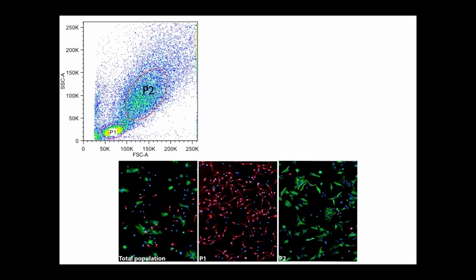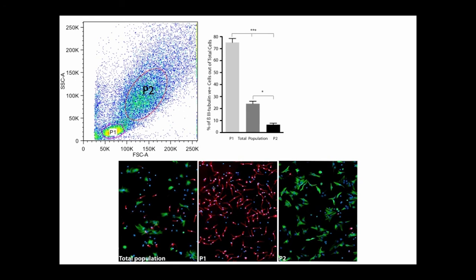If we use the sorter and sort out the different populations, the total population gives us a mixture of neurons and astrocytes. If we sort out just the P1 population, we get what appears to be an enriched beta-tubulin positive, or neuronal, population. And if we sort out the cells from the P2 population, we see what appears to be an enriched astrocyte population.